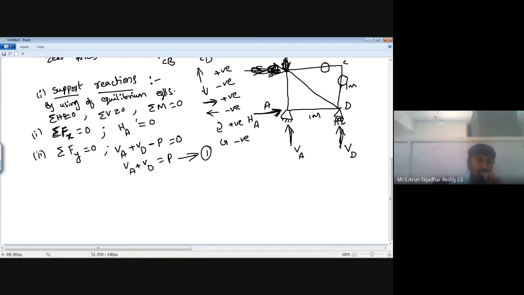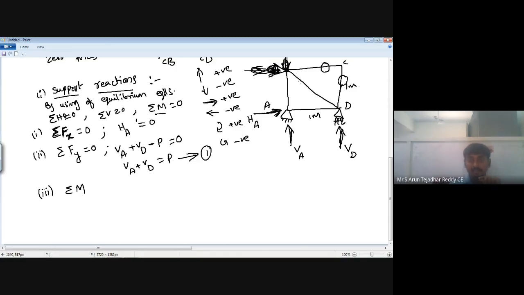Two equilibrium equations are completed: sigma H completed, sigma V completed. By using sigma V, VA and VD are still unknown here. So we need to calculate the VA value as well as the VD value by using sigma moment. The third point is sigma moment.